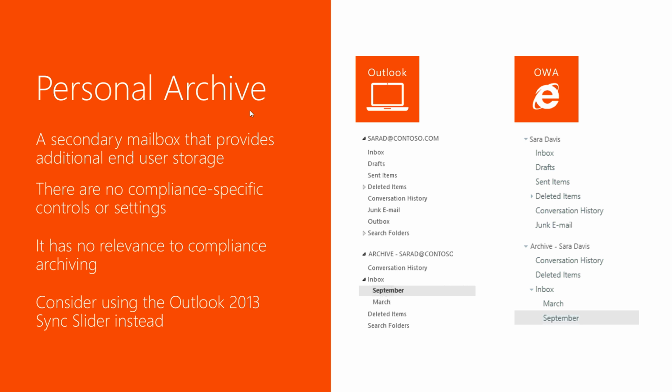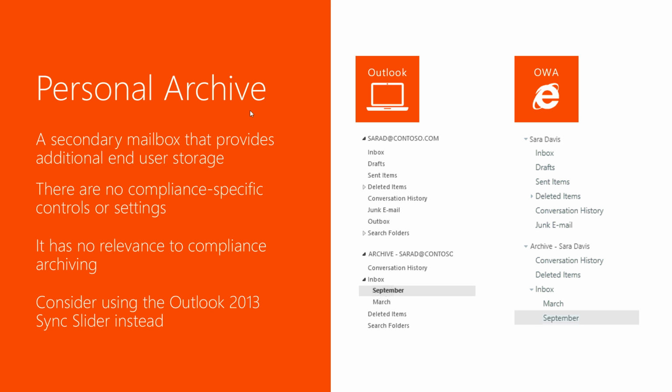Really, the only difference between a primary mailbox and an archive mailbox is that the archive mailbox does not sync down to the OST file on the client. Otherwise, a mailbox is a mailbox is a mailbox. They're exactly the same. It's just a second mailbox, one that happens to not sync down to the client.